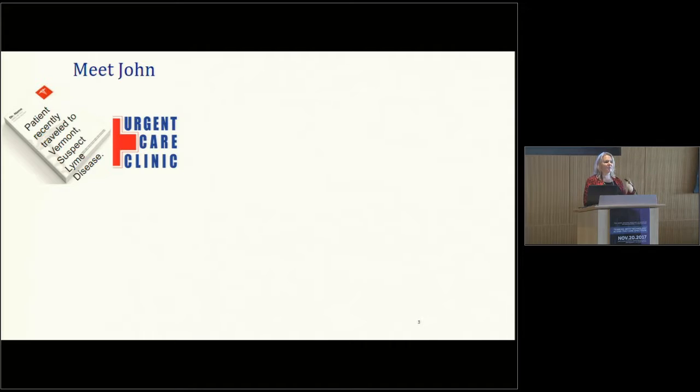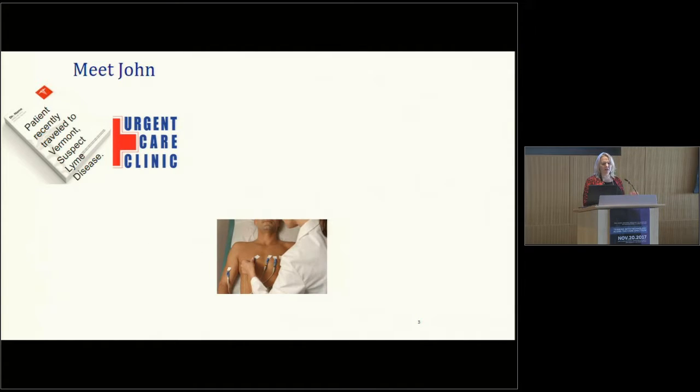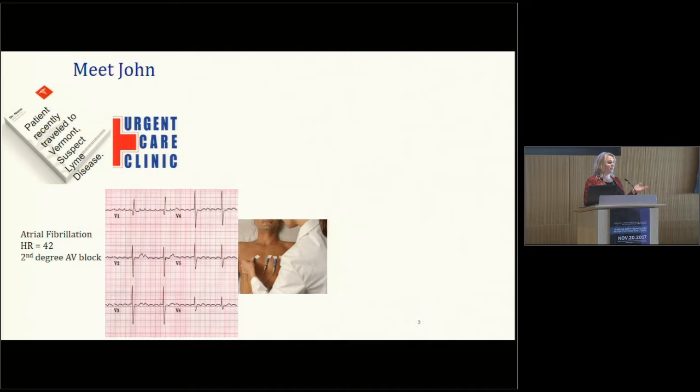She looks at his symptoms and says, I really suspect that you have Lyme disease. But she follows up, does an EKG, and notices some substantial problems. He has atrial fibrillation and a second-degree AV block. So she says, we can't deal with that here. I want to send you to the emergency room right away, and I'll send all this information with you.